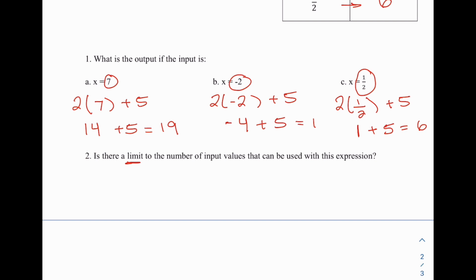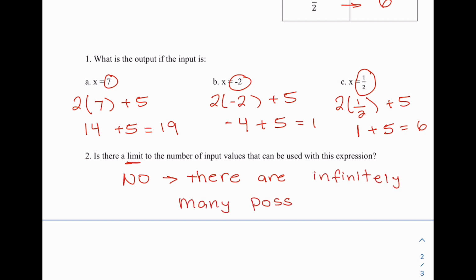There is nothing stopping me from plugging in 10, 11, a million, a billion, 100. I can plug in anything for that x. So no. There are infinitely many possible values to use as inputs.